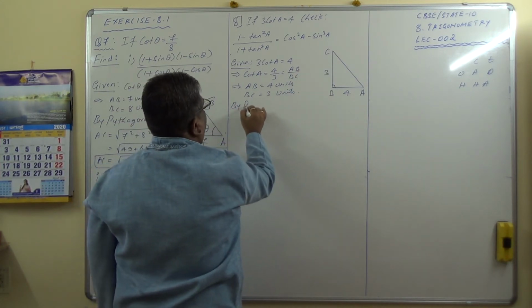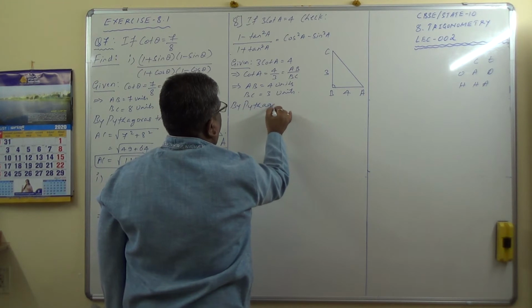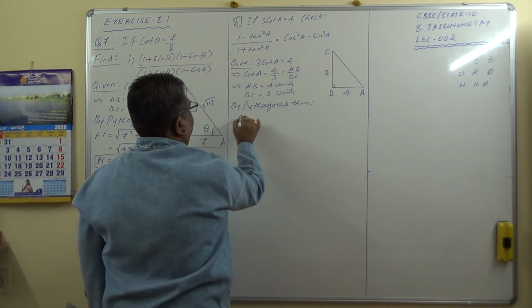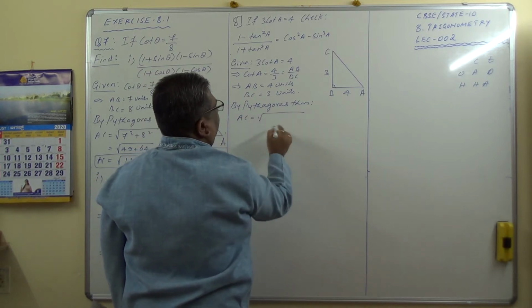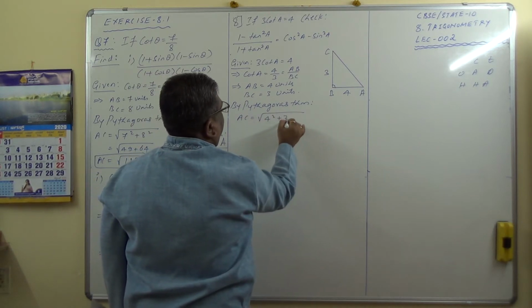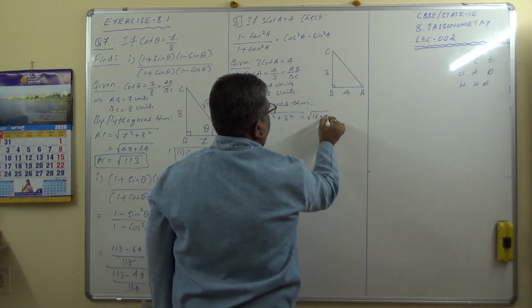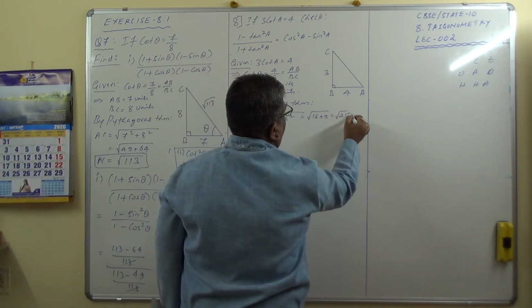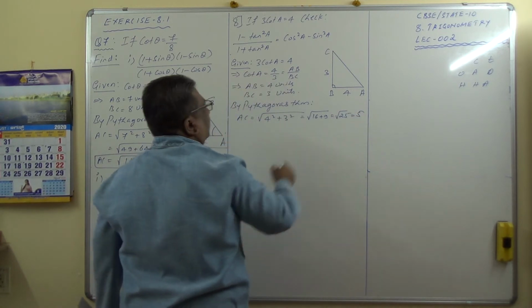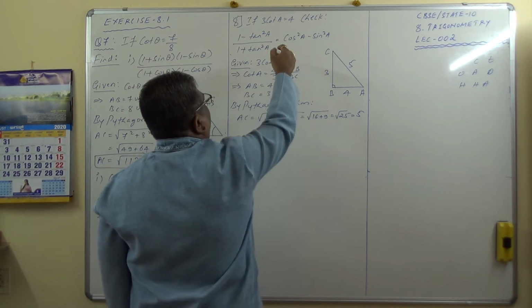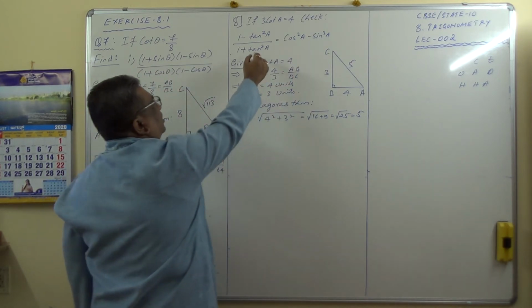By Pythagoras theorem, AC equals under root of 4 square plus 3 square, which equals 16 plus 9, which is 25, which equals 5. So AC equals 5 units. Now we have to check whether this is true or not.